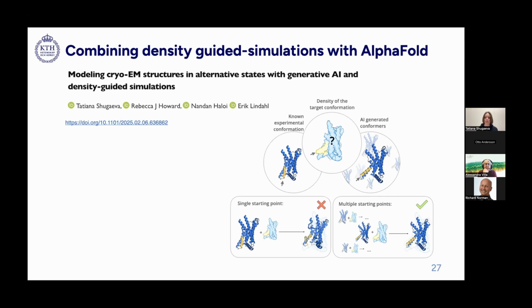We generated an ensemble of different protein conformations and started density-guided simulations to optimize the model building for new conformations of the protein. So check this out if you want to know a bit more about this kind of stuff.